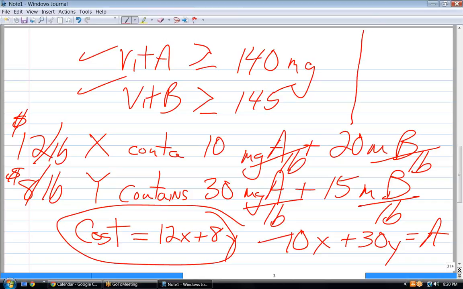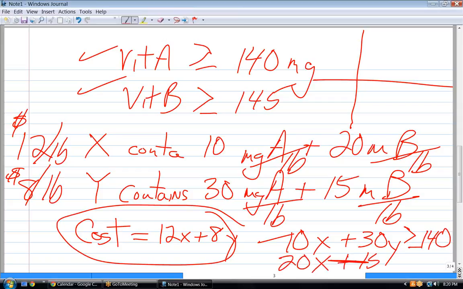Okay, that's relatively easy to graph. If I graph this one down here, this has to be greater than or equal to 140. And vitamin B is 20X plus 15Y has to be greater than or equal to 145.